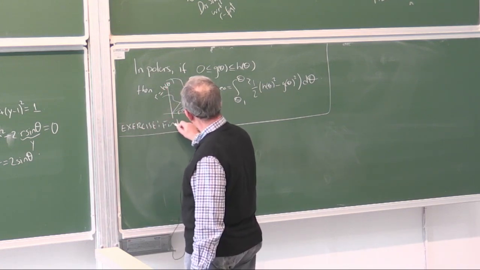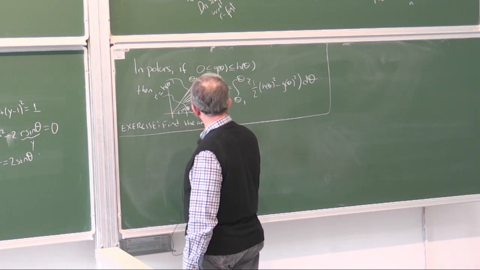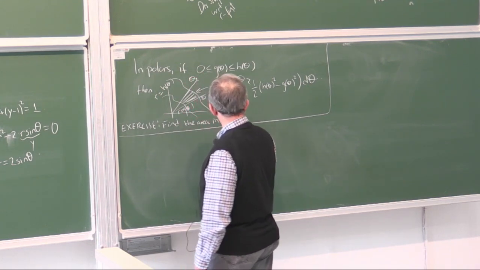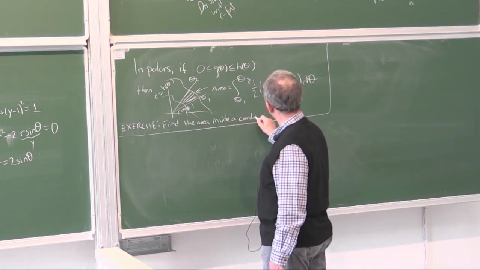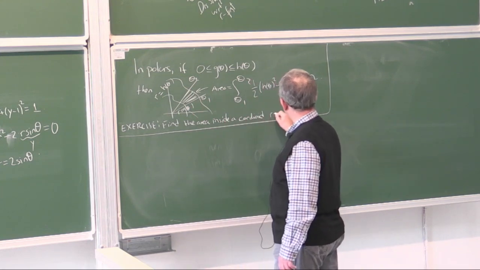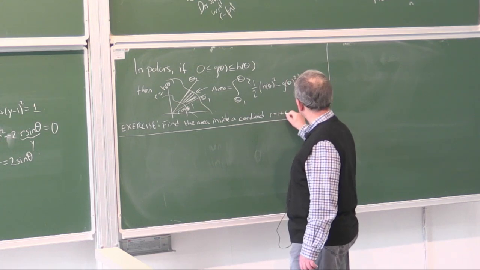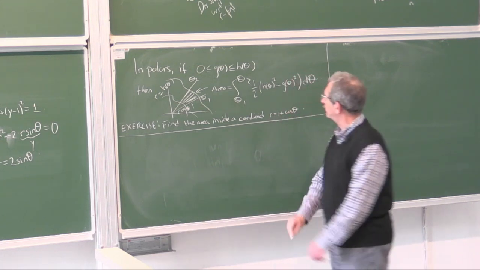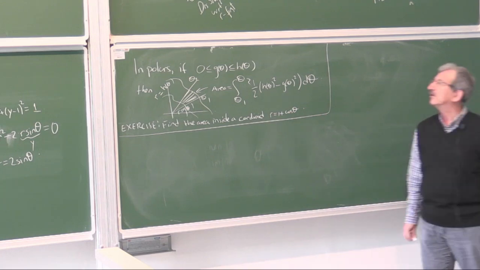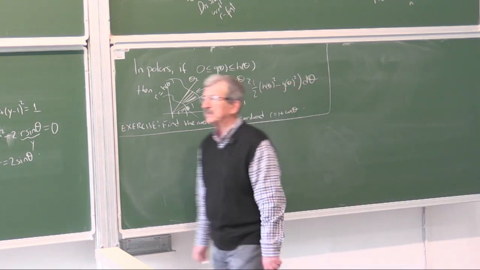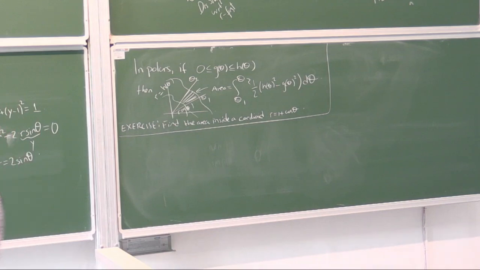Find the area inside a cardioid, say r is 1 plus cosine theta. R is always positive, so you can check it directly. We will have an example similar to this in a minute.